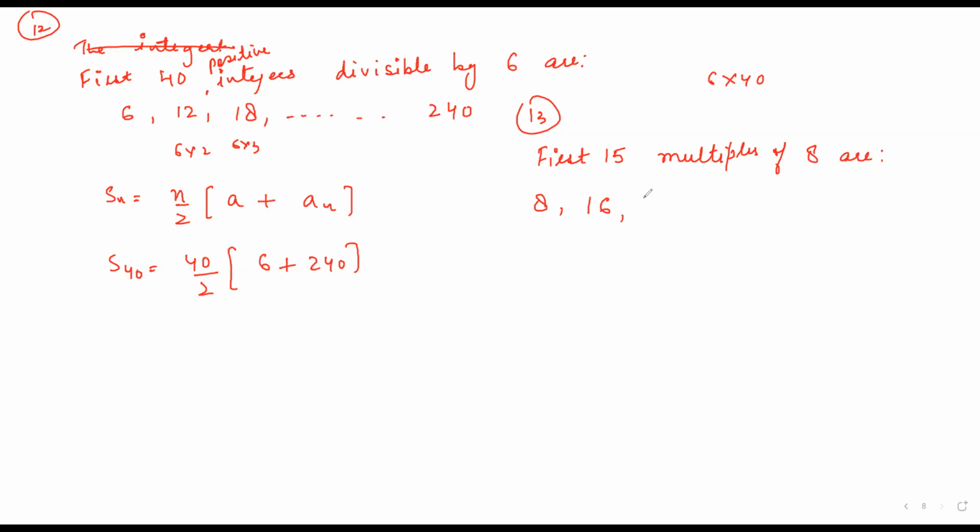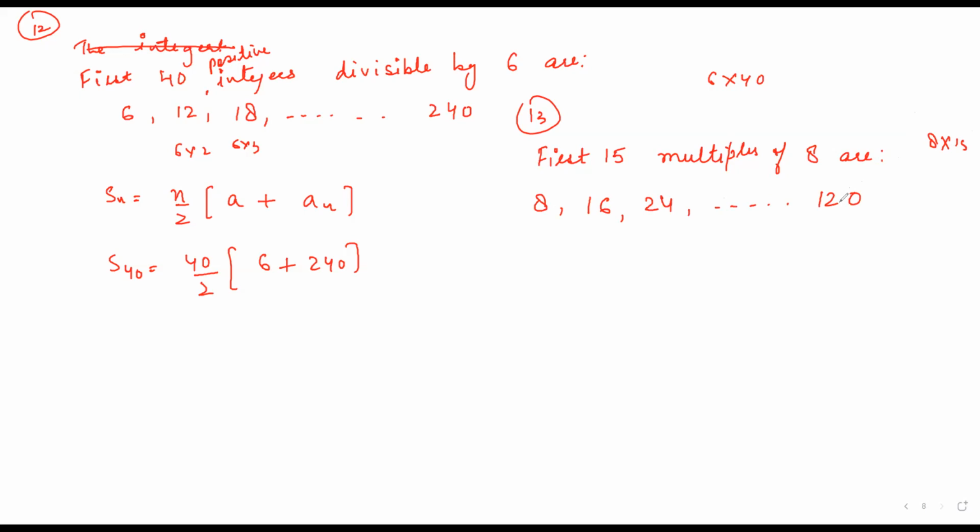Then 8 into 3, 24, right? And then the last will be 8 into 15. How much is 8 into 15? 8 into 5 is 40, and then 120. Clear? These are the first 15 multiples of 8.